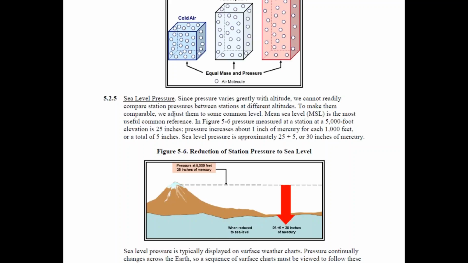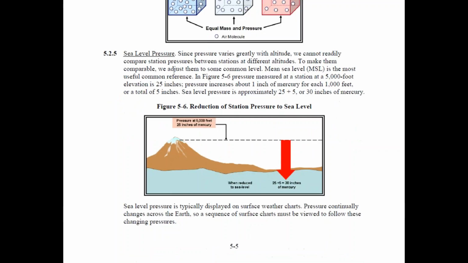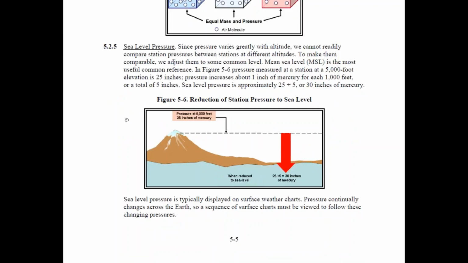So if you're at 5,000 feet elevation, sea level pressure is approximately 25 plus 5, or 30 inches of mercury. Sea level pressure is typically displayed on surface weather charts. Pressure continually changes across the Earth, so a sequence of surface charts must be viewed to follow these changing pressures.